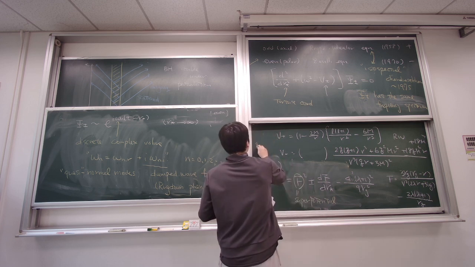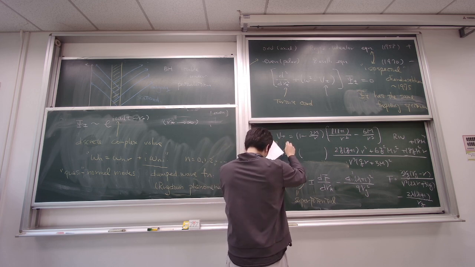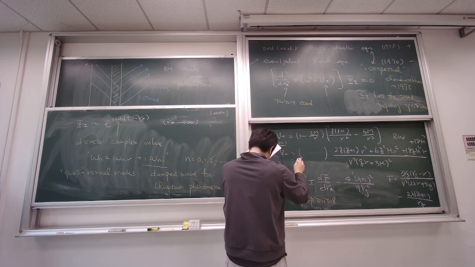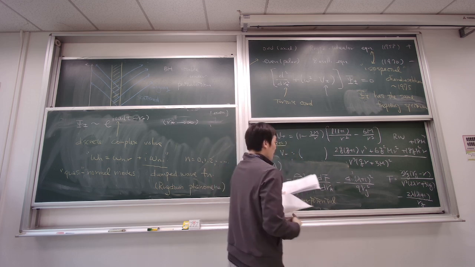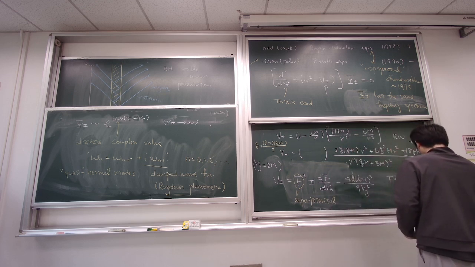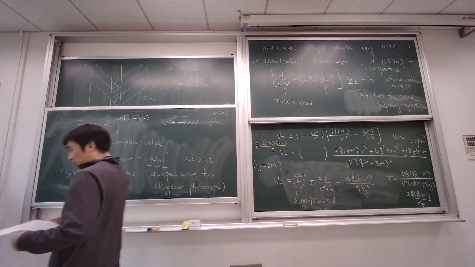Q is equal to (L minus 1)(L plus 2) divided by 2, and here is L. Sorry, L. Thank you very much. Good.